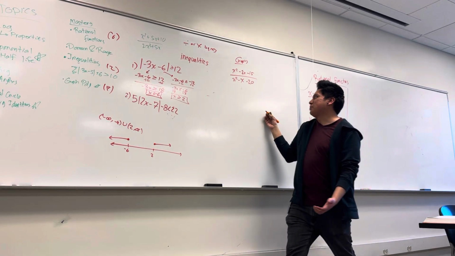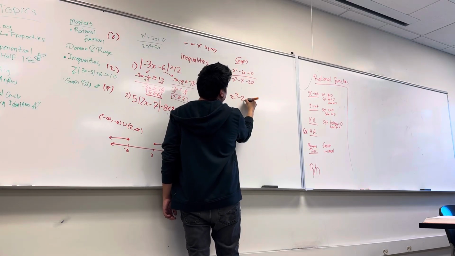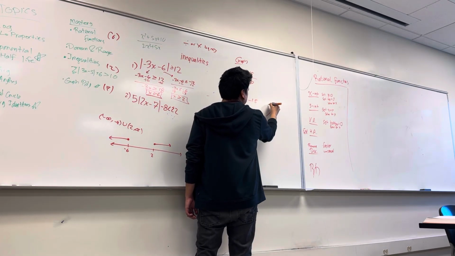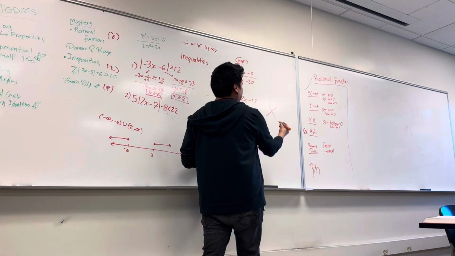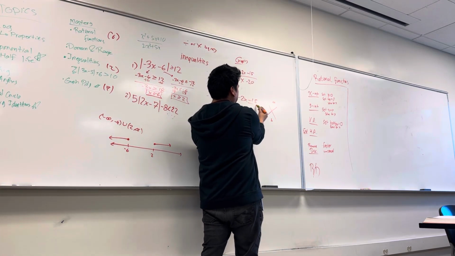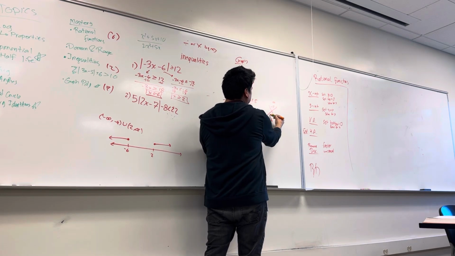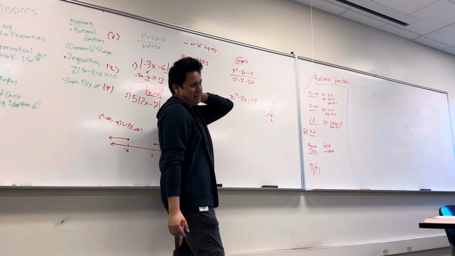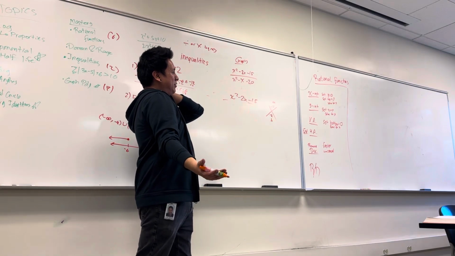Let's do it the same way. So we have x squared minus 2x minus 15, and we're still doing the whole AC method. AC is still going to be this negative 15. B is the one that switches to negative 2. Now I think this should work out a lot nicer. We did the 3 and the 5.